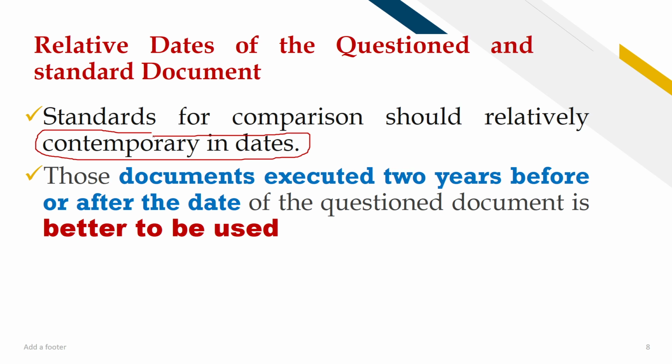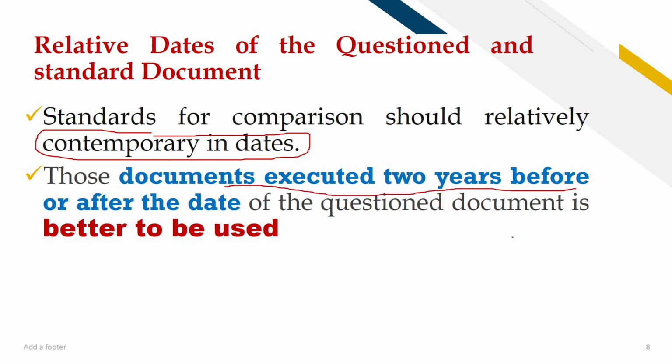Okay? So, yun po yung ibig sabihin ng ating contemporary document. So, 5 taon pababa. Huwag pong lalagpas ng 6 na taon. Okay? Yung edad ng isang dokumento, nakukuhanin mo kung ito po man ay isang collected standard. So, those documents executed, like what this is actually a rule, no?